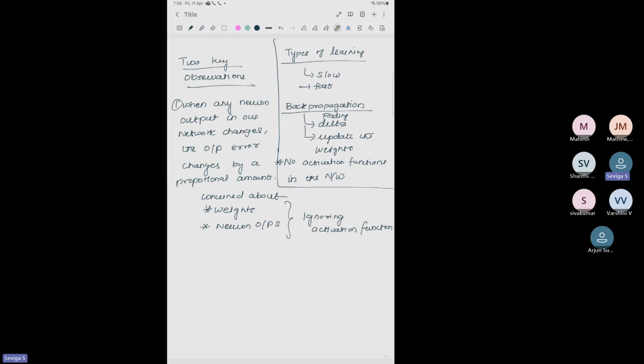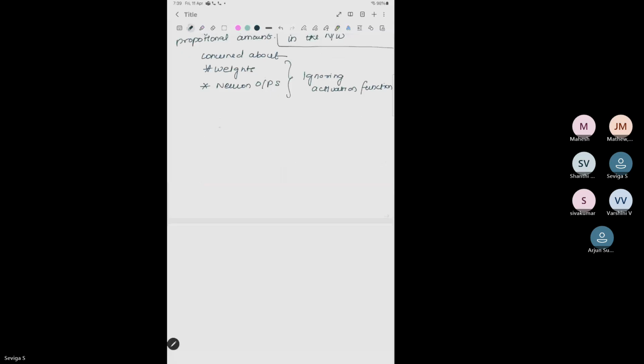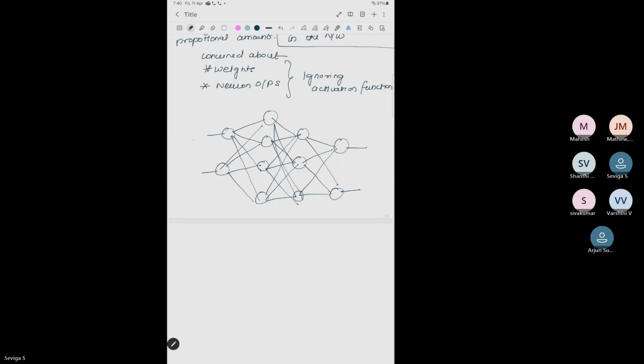So let's take one small example. Here, if you look at it, except for the first layer neurons, all other neurons get the input value from the previous neuron.